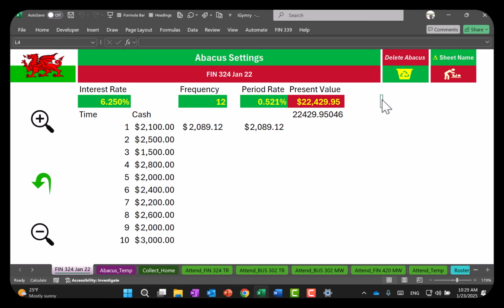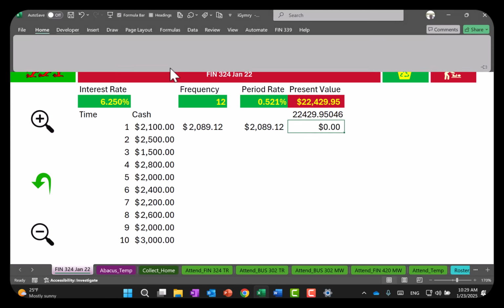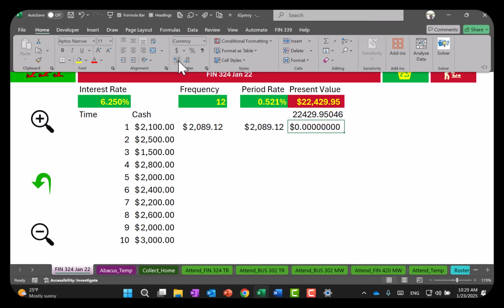In fact, let's calculate the difference between them. It's precisely 0, and I'll show you that it is 0 to a lot of digits. Okay. The way Excel calculates things may not be the same as you do, so all digits after the 15th may not necessarily agree, but that's the limit of the precision you get anyway.